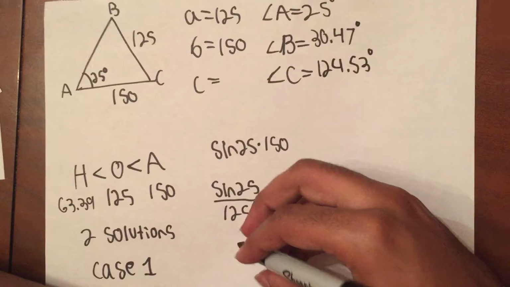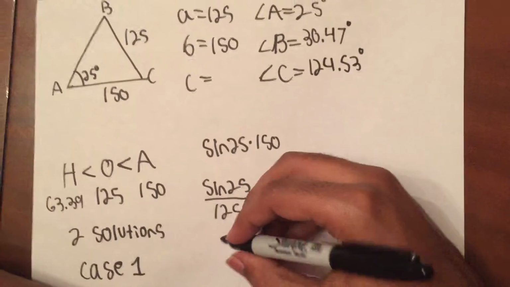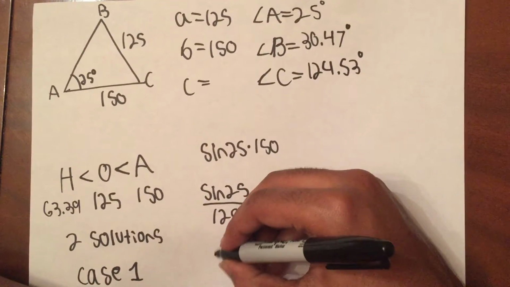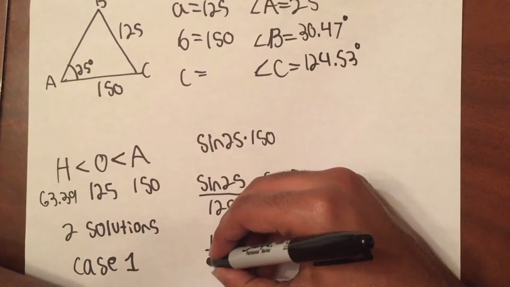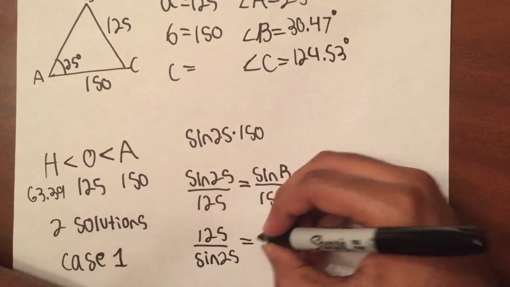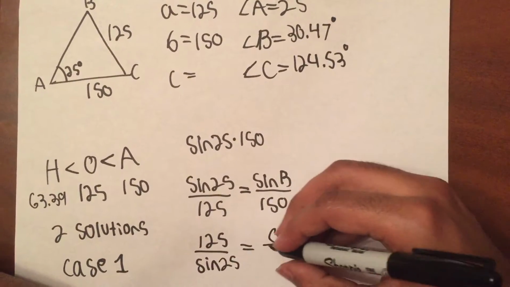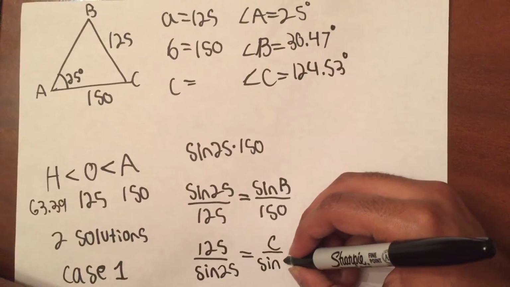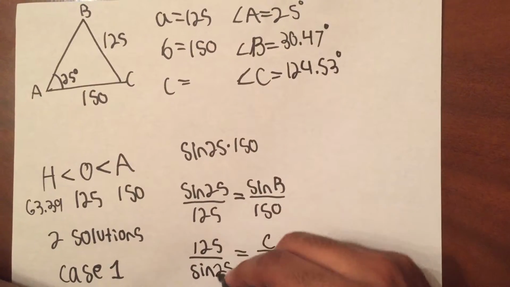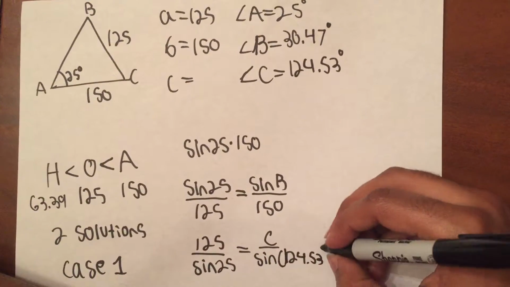Finally, to find side C, all you have to do is 125 over sine 25. We're flipping them over because we're trying to find a side here, and then you make that equal to side C over sine 124.53. We're using 125 over sine 25 just for consistency's sake.